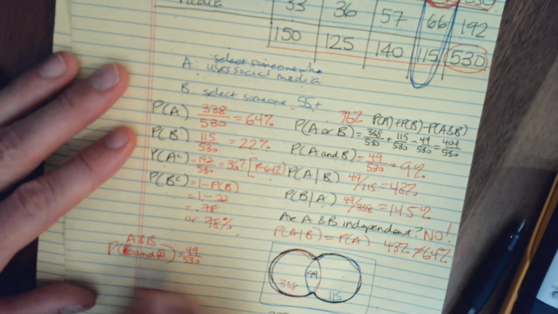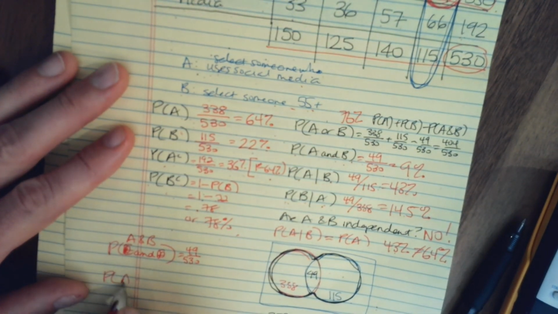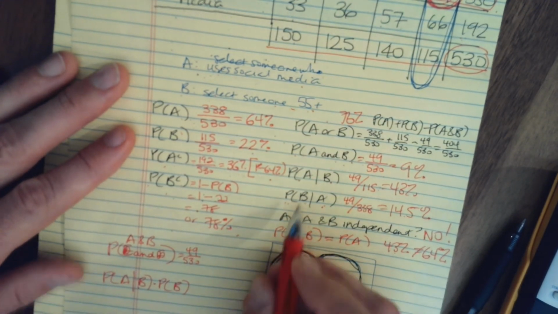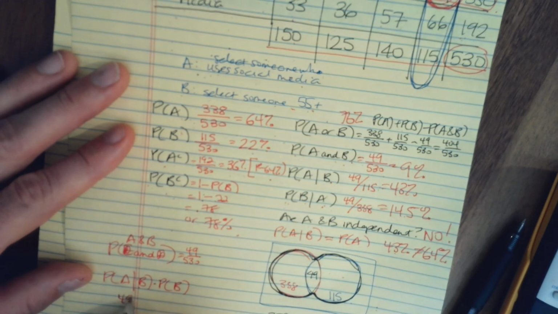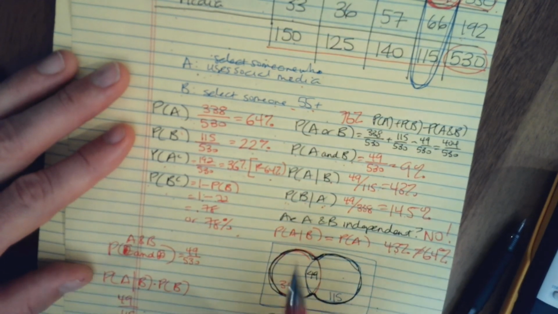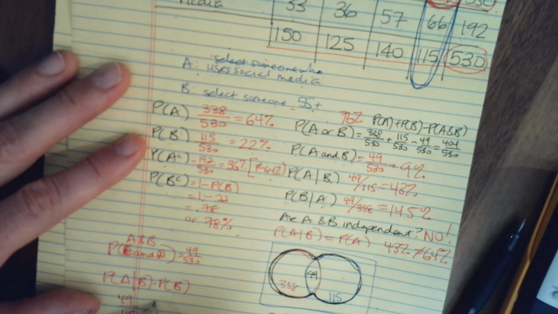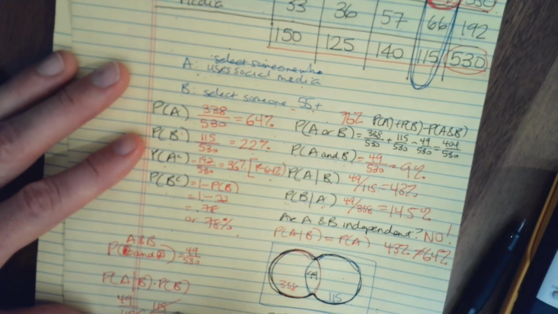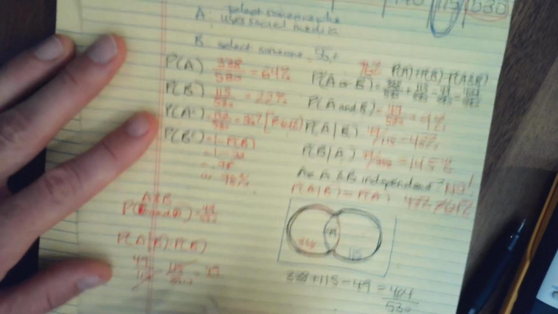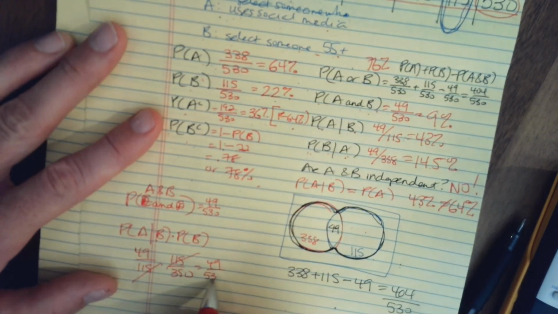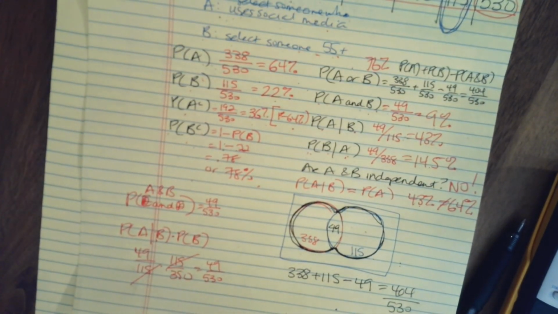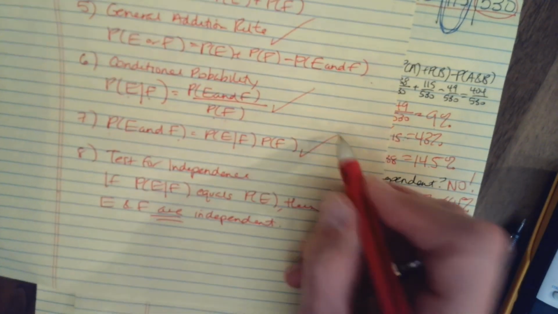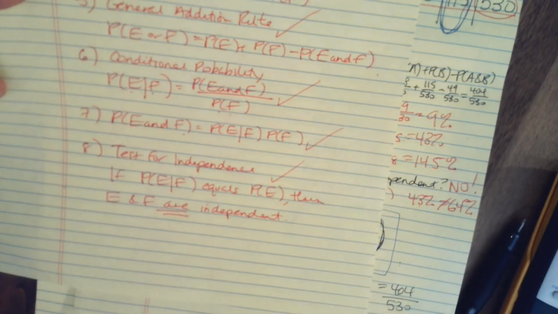And I want to show that that equals the probability of A given B times the probability of B. So A given B was 49 over 115, and the probability of B was 115 over 530. Notice those will cancel out, and we'll get 49 over 530. So that illustrates this rule. And we did the test for independence.